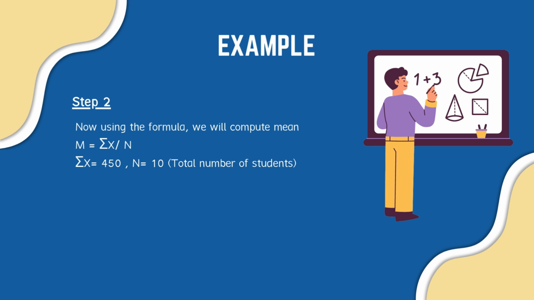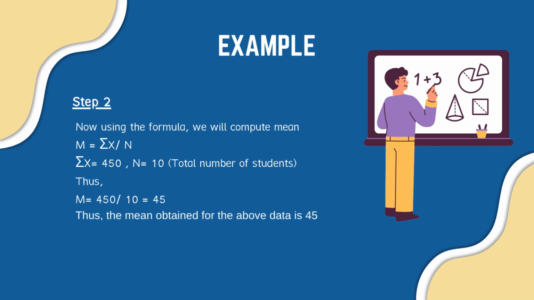By applying the formula, mean is equal to summation X divided by n, we get 450 divided by 10 is equal to 45. So the mean is 45 for the ungrouped data, and the formula is summation X divided by n.